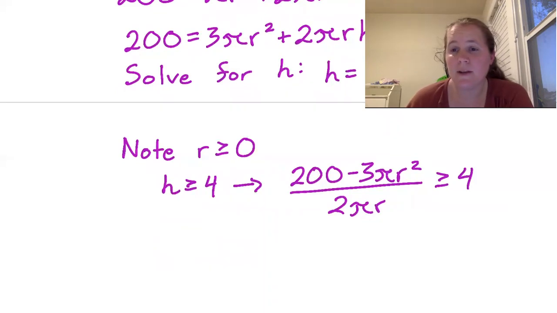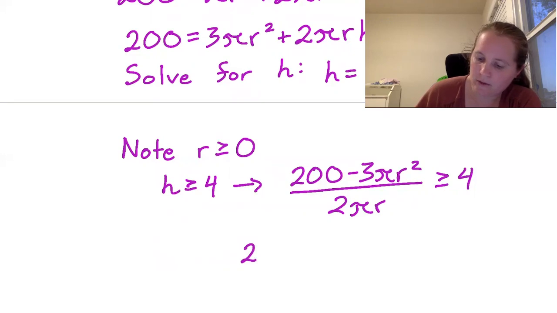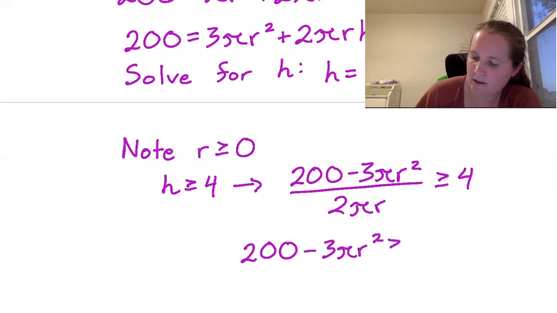R is assumed to not be negative, so we can go ahead and just multiply by 2 pi r. So we have 200 minus 3 pi r squared is greater than or equal to 8 pi r.